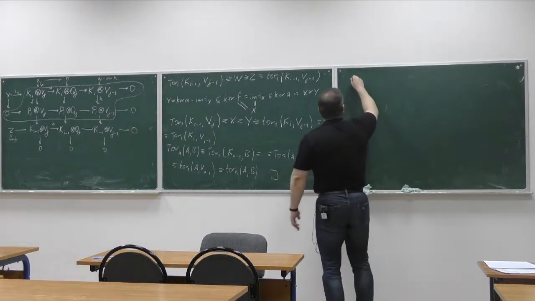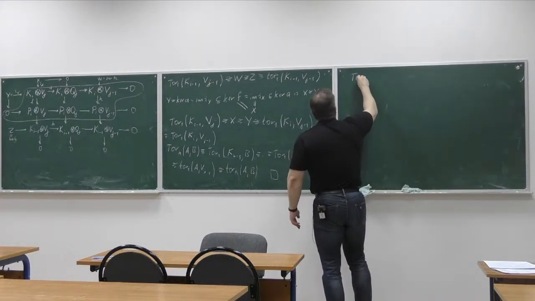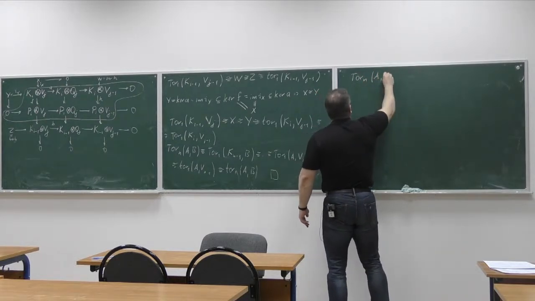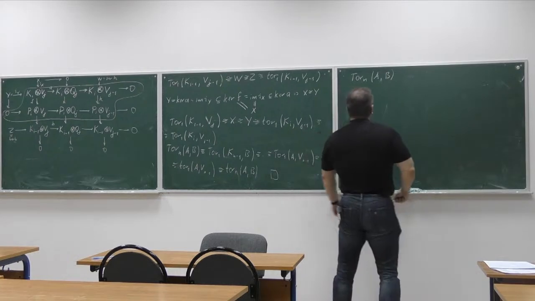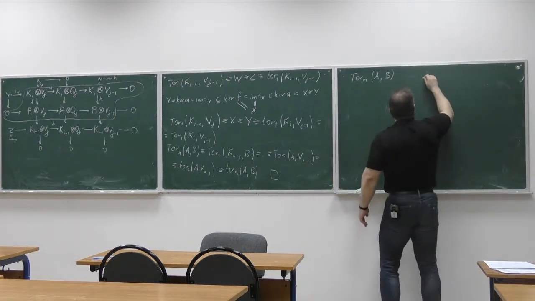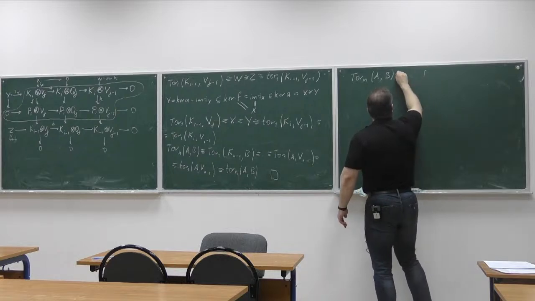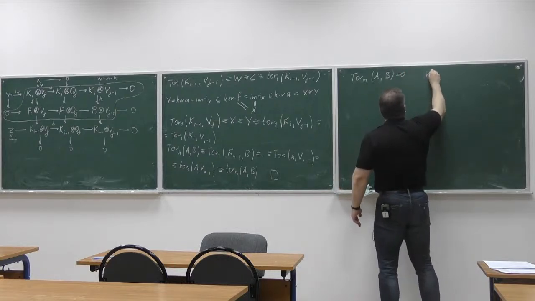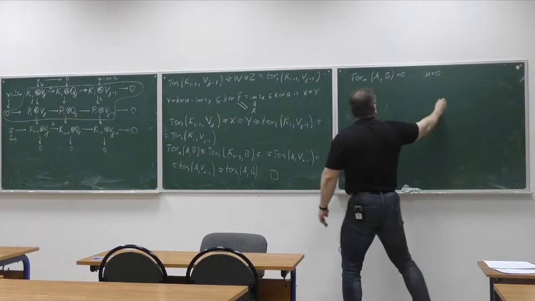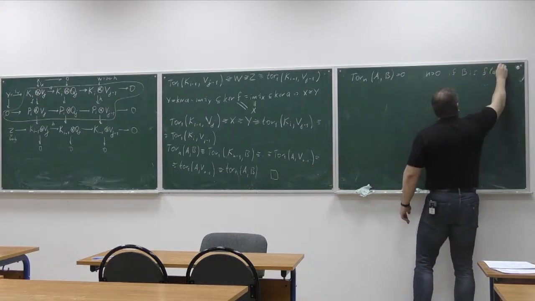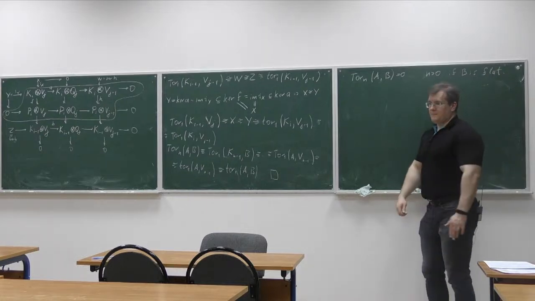For example, if I want to compute Tor n, say between A and B, I claim that this is 0 for n positive if B is flat.